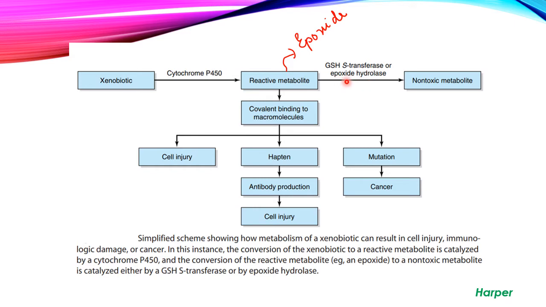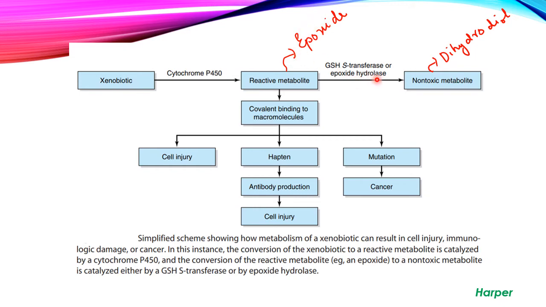Then with the help of epoxide hydrolase, it is converted into non-toxic metabolite. For example, dihydrodiol. So dihydrodiol is a non-toxic metabolite which is generated by epoxide through epoxide hydrolase.